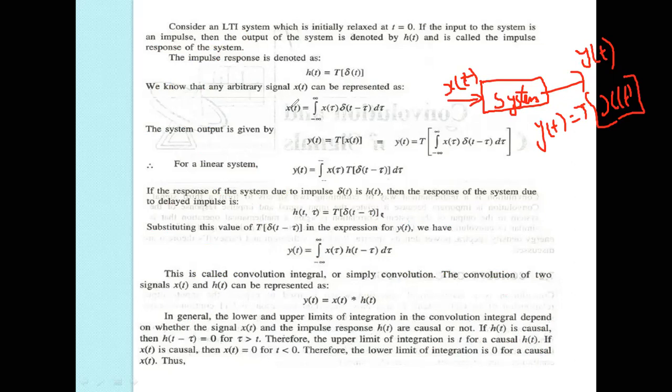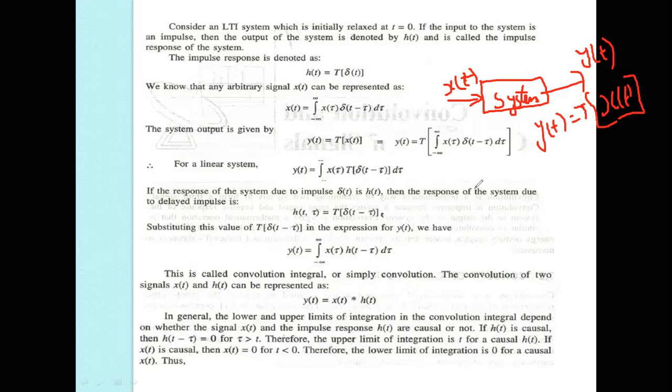What is x of t? It is the integral from minus infinity to infinity of x of tau delta of t minus tau d tau. So for a linear system, y of t is equal to the integral from minus infinity to infinity of x of tau, T of delta of t minus tau, d tau.